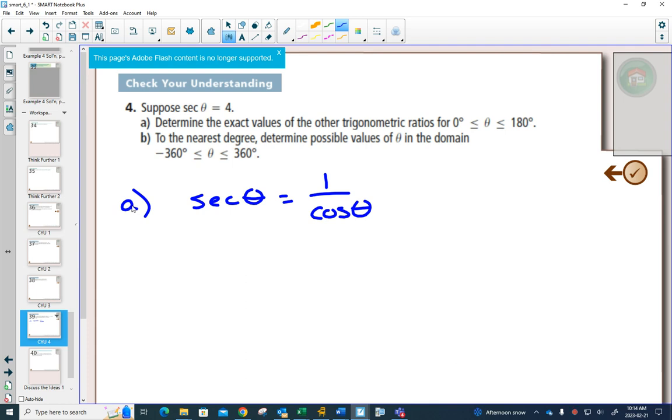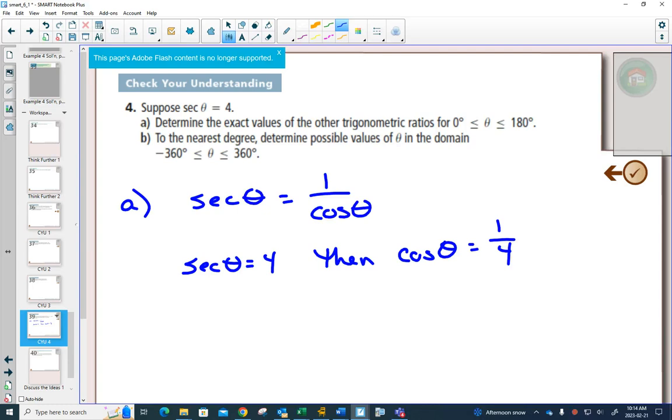So for example, if I know that secant of theta is equal to 4, then I can write cos of theta, and because they're reciprocals of each other, their answers will be reciprocals of each other.